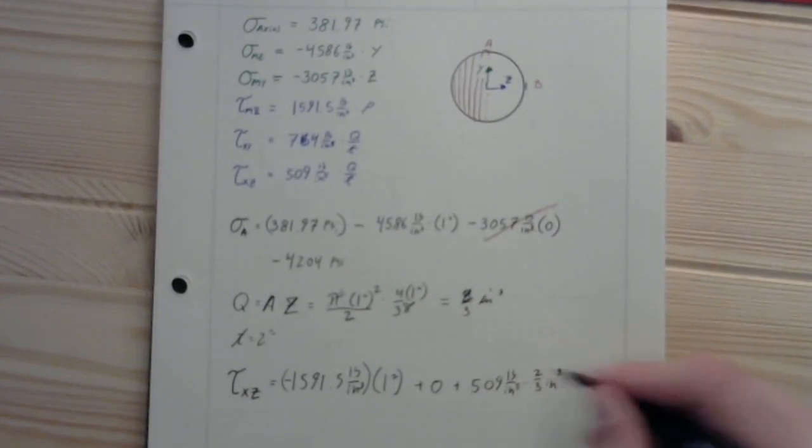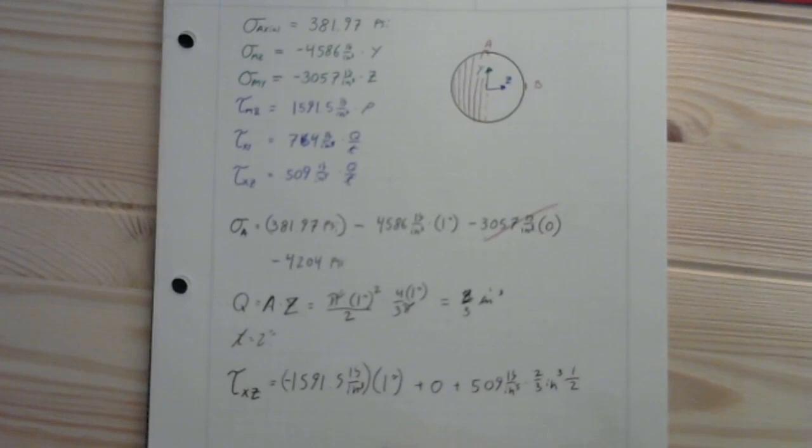And I put the inches for that right there. Altogether, when we sum all this together, we're going to end up with negative 1,421.7 psi.